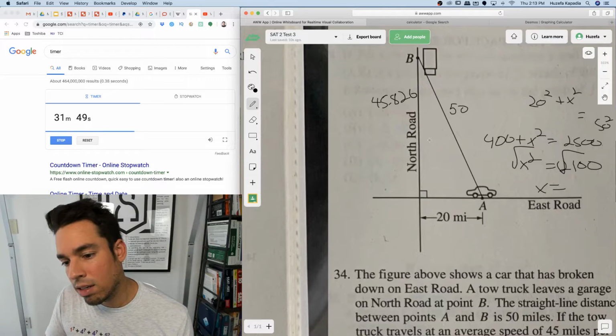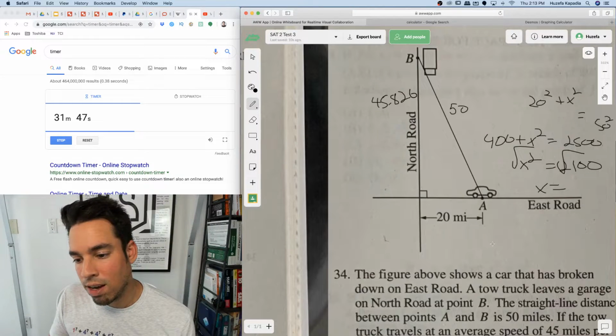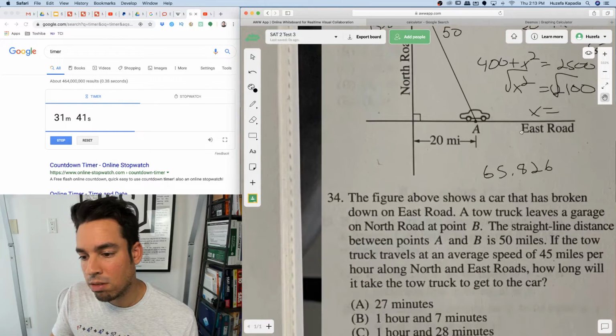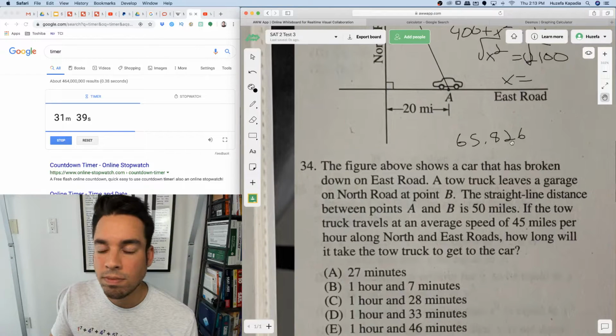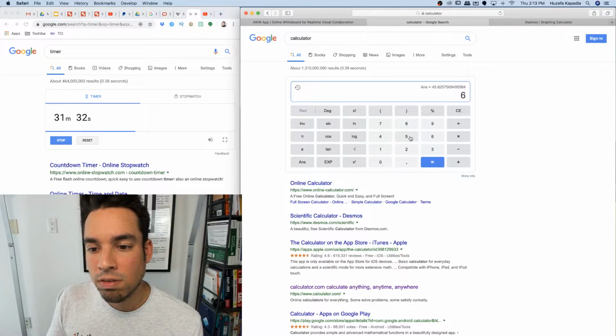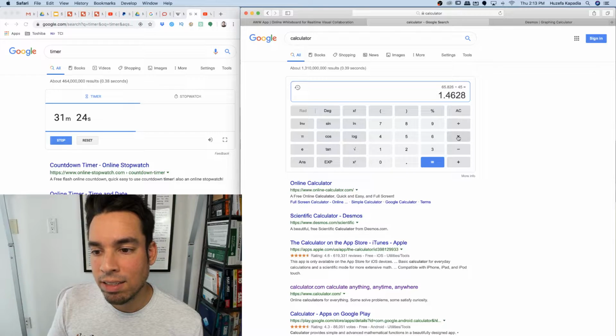Okay, and then it's going 65.826. And it's going 45 miles per hour. So it's 65.826 divided by 45. 1.4628. Now multiply that by 60 because I saw the minutes.